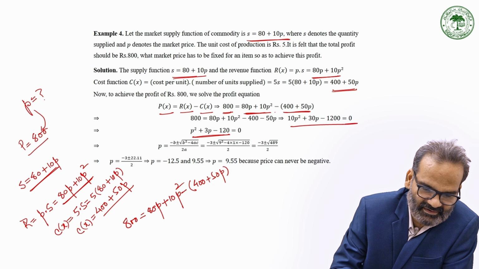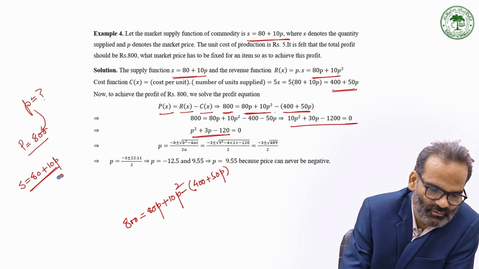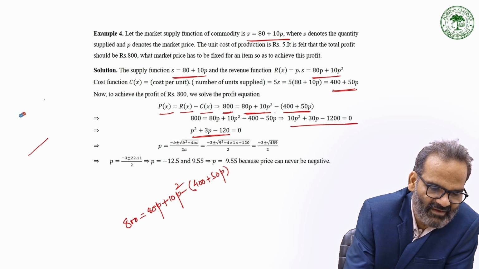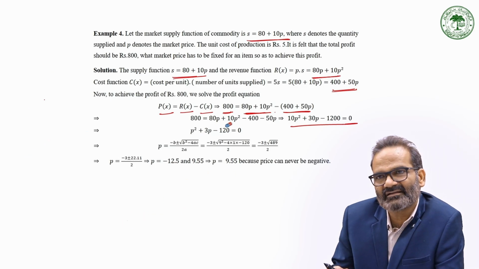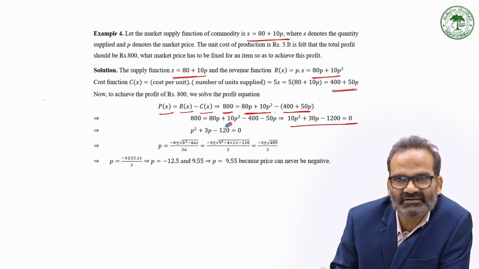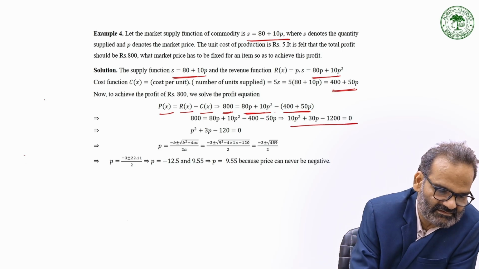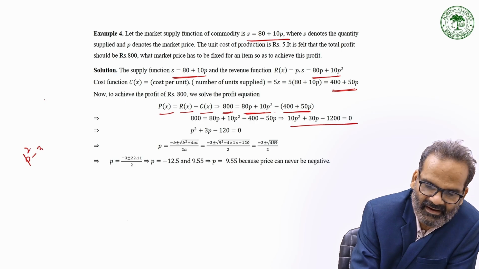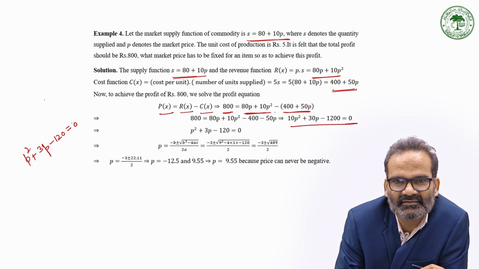Now see this quadratic equation. You all know from your earlier classes that for a quadratic equation whose factors cannot be determined, we can find its solution by using the quadratic formula. So p square plus 3p minus 120 equals 0.